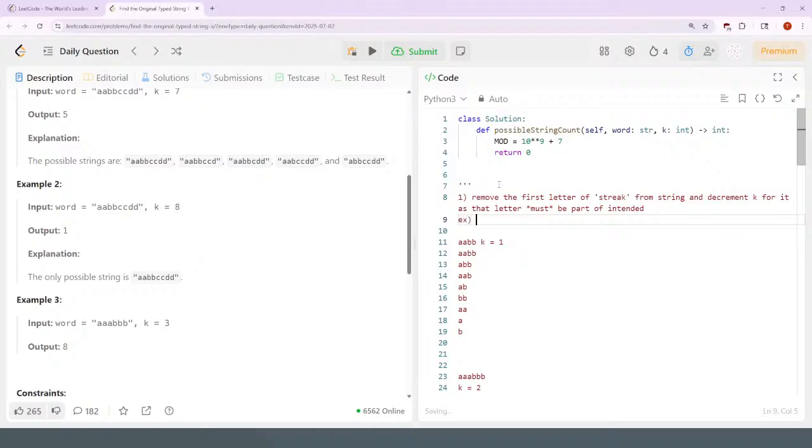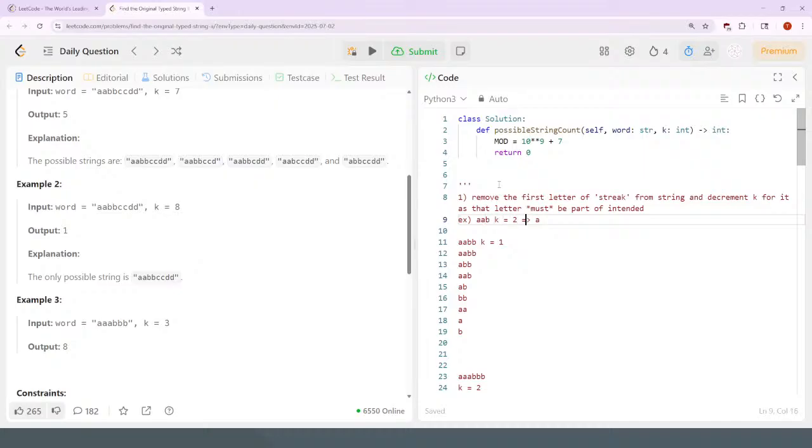So for example, if I have something like AAB and K equals 2, then we know that this A had to be intended and this B had to be intended because they were typed at all. And then the 2 that she at minimum intends can be boiled down to a single A that could or could not be intended, and then all the B's were done.